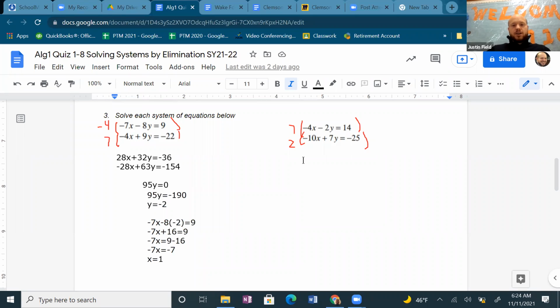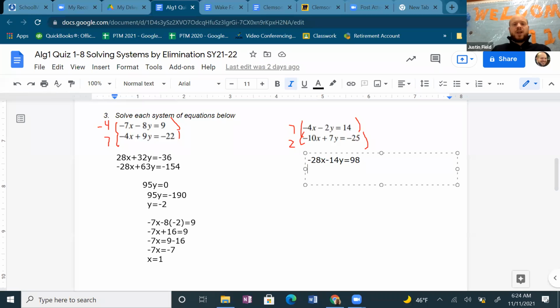Alrighty. So now let's do this one. -28x minus 14y equals 70, and then the 28, and that would be 98. I hope. All right, 70 and 28 is 98.